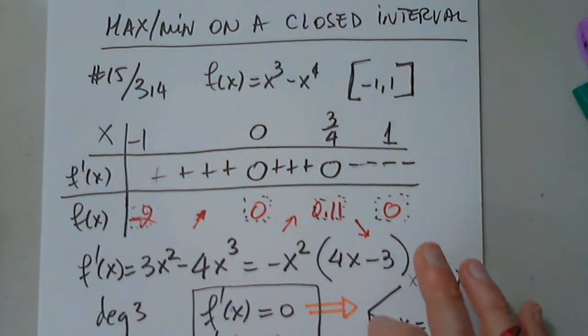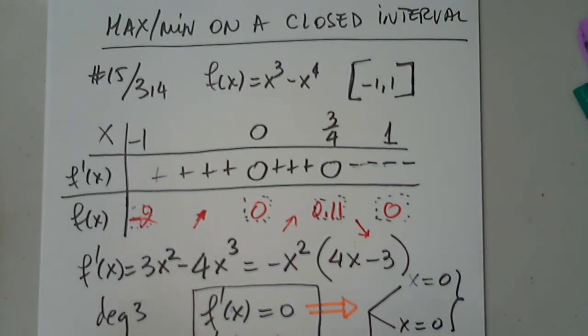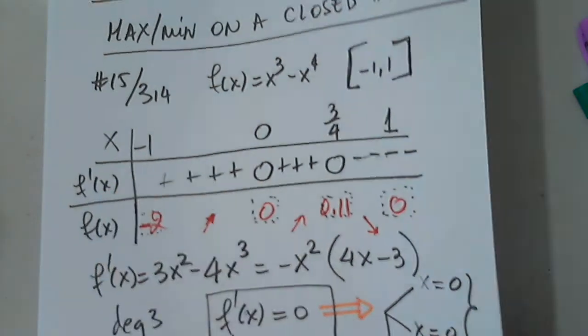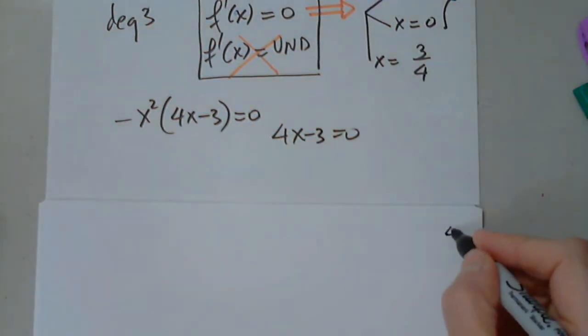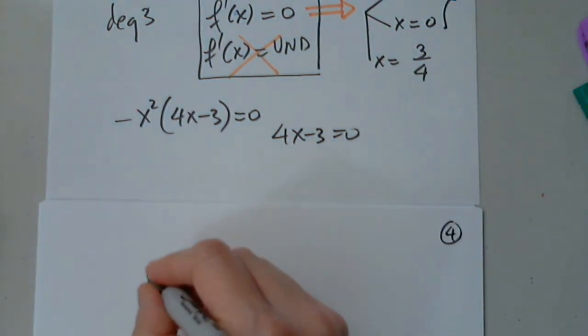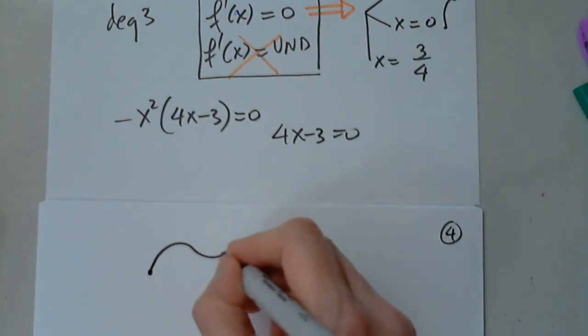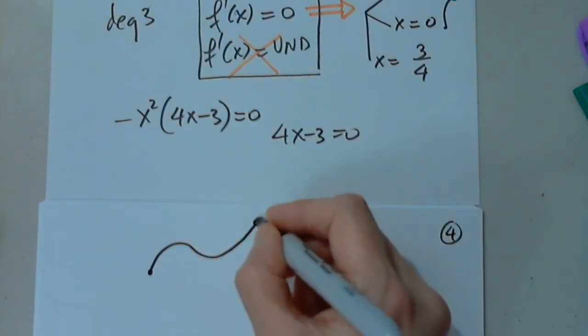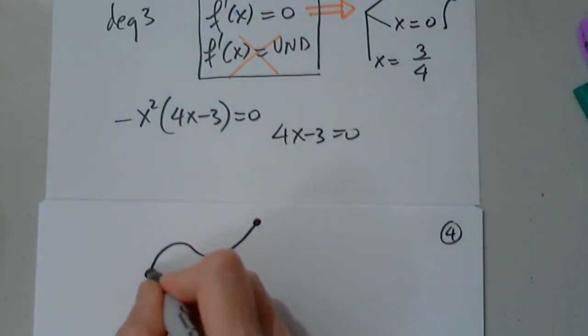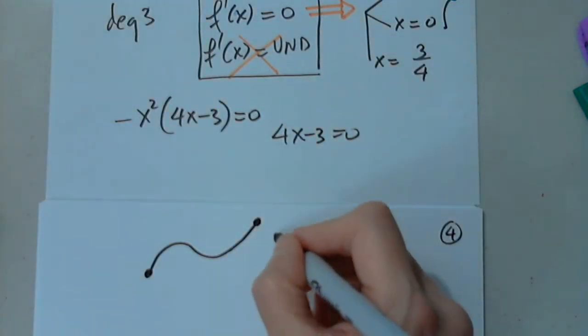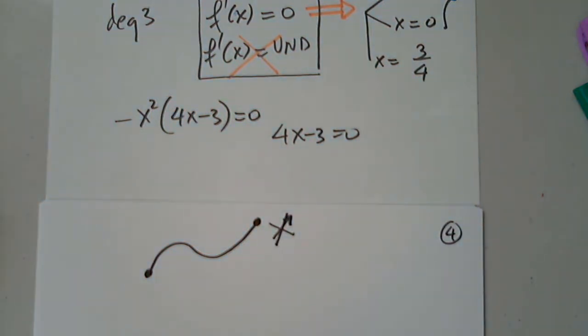And now we have to make a decision. Remember what we said about this function. This is on a closed interval. It starts here and it stops here. There is no arrow. So it starts at a particular point and it ends at a particular point.